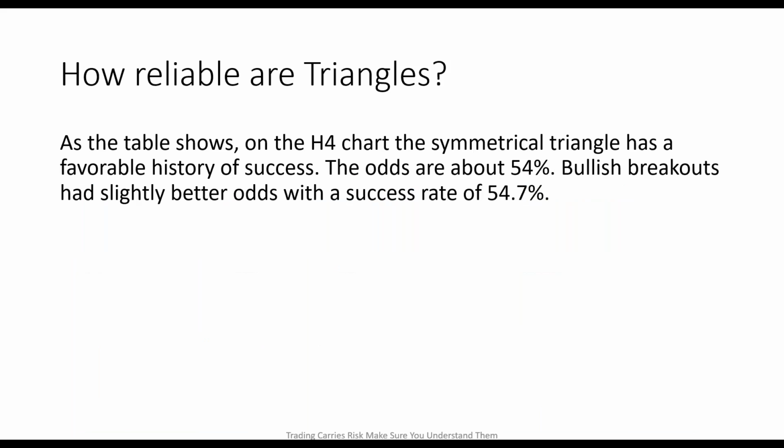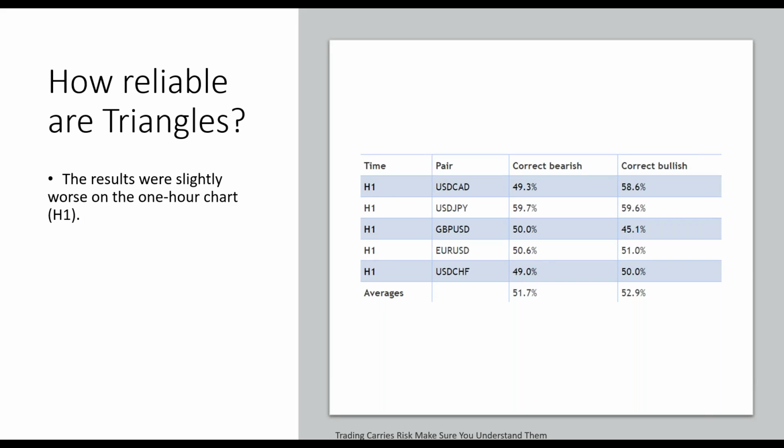It's not a big enough percentage to make a difference to me. And when I broke it down to a 1-hour chart, we were down at 51%. Well, that's not enough for me to make any trading decision. So I don't care about the characteristic. I only care about what price is telling me.